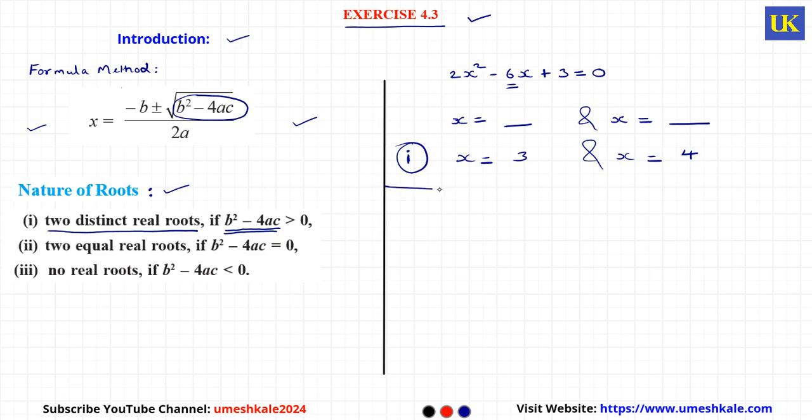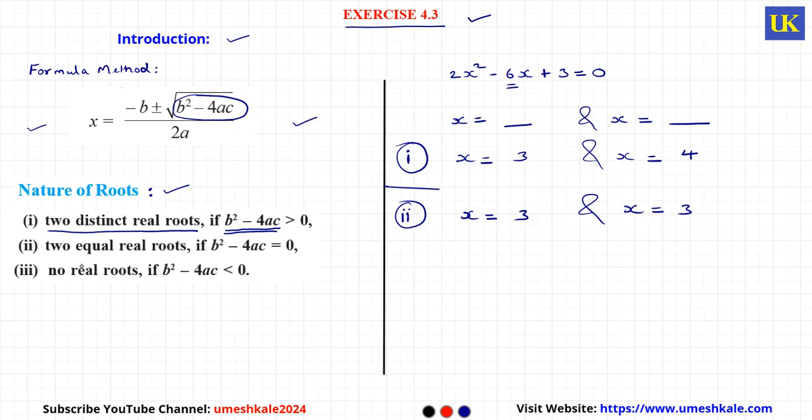Then another possibility is what? Two equal real roots. We might get an answer for a particular equation, say, x is equal to 3, and another time also we will get the same x is equal to 3. So the same answer two times we can get.